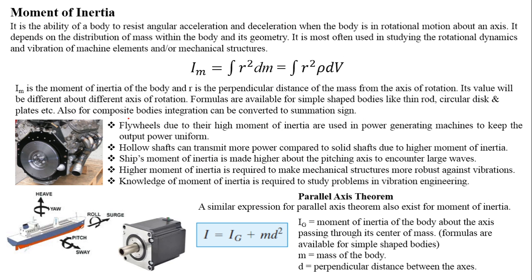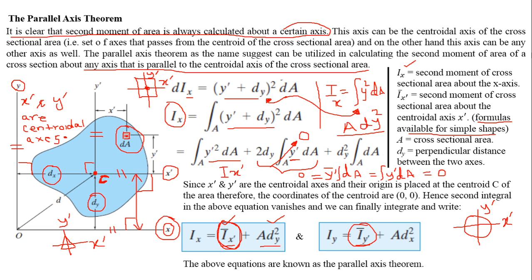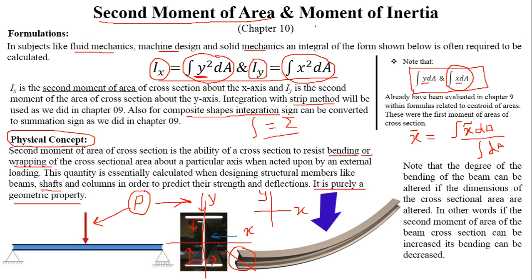Now the second concept that this chapter is related to is the moment of inertia. So the first concept that we studied was the second moment of area, and the second thing that we want to study in today's lecture is the moment of inertia.